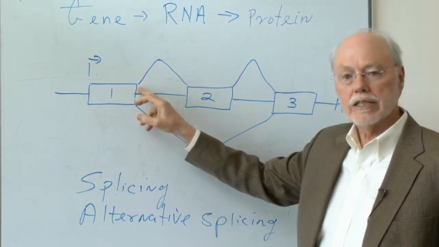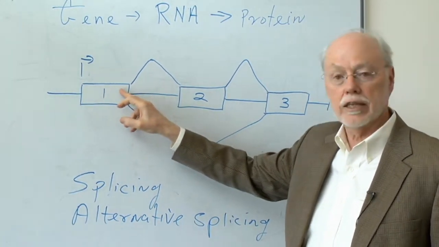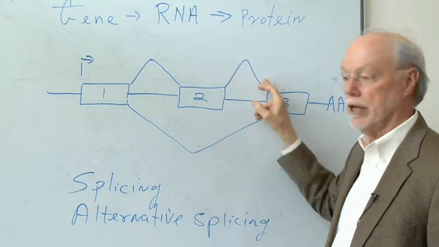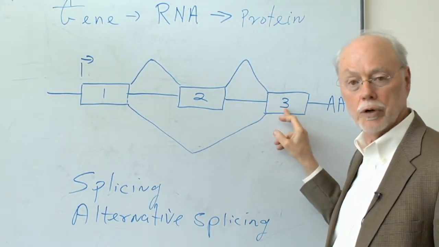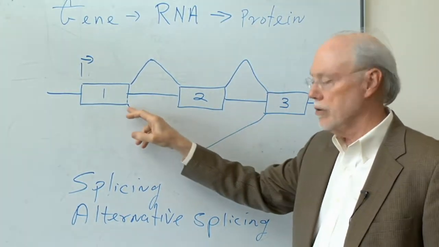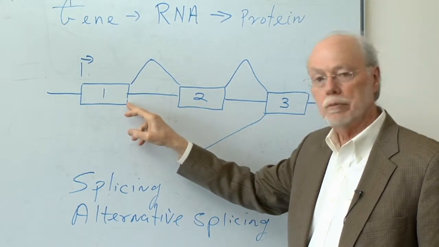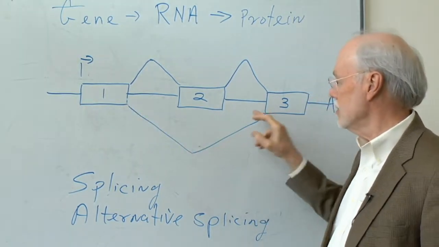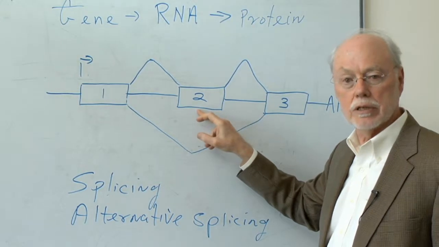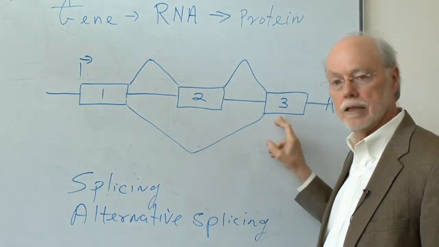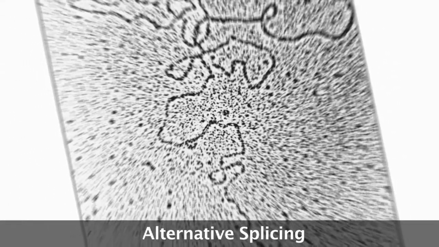In many cells, sequences like this would be spliced together in a regular pattern, making one protein. But in other cells, sequences would be spliced like this, skipping this set of sequences, and that would make a different protein. We call this alternative splicing.